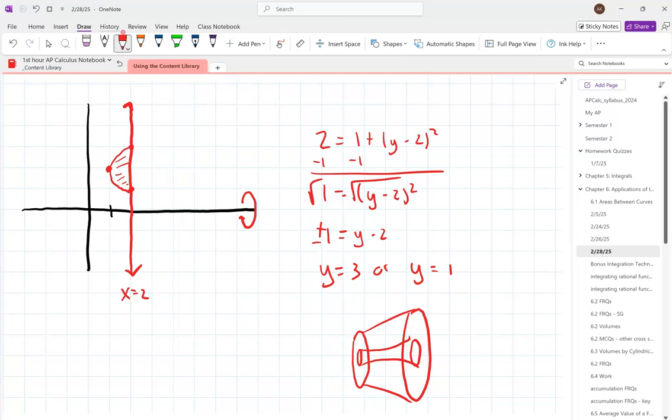The issue is if we're rotating about the x-axis, if we tried to do a washer, the inner radius and outer radius would be on the same curve, right? So this is like a textbook shell problem. You see that? Okay. So when I draw this, my radius is going to be that distance, and the height would be that distance. Does that feel okay there?